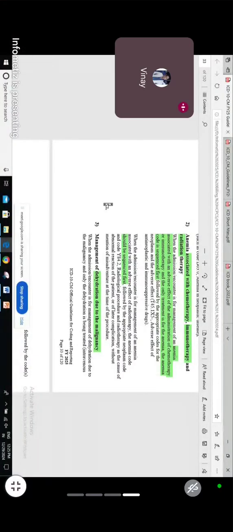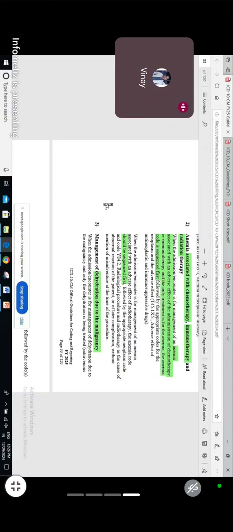Those Z series codes, if they start with the word encounter or screening, will always come first, no matter what. If it is cancer also and patient is coming for chemotherapy, code encounter for chemotherapy first. We saw that in the first class, but we are revising it.